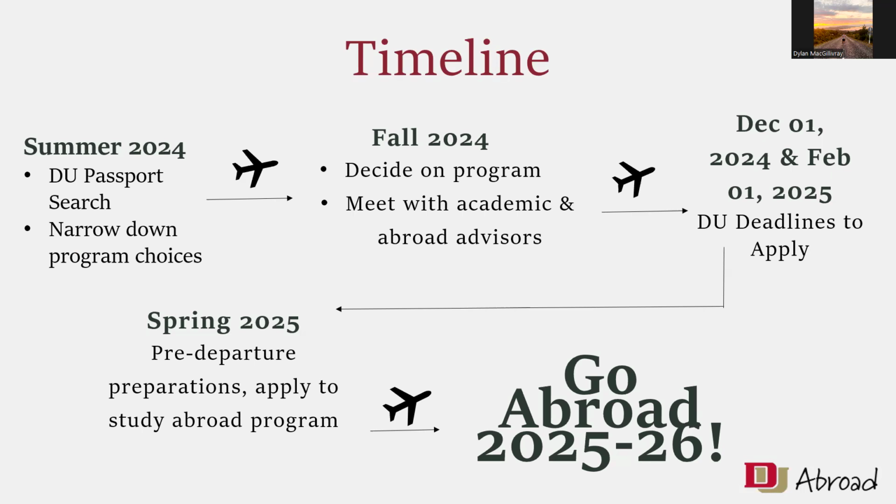What do you need while you're abroad in terms of coursework, things like that. Then we have two deadlines. There's December 1st and then there's February 1st. I'll touch on what those mean and how they differ in a second. And then spring 2025, you will do your pre-departure preparations and apply to your study abroad program. And then in 25-26, you will go abroad and the process will be over.